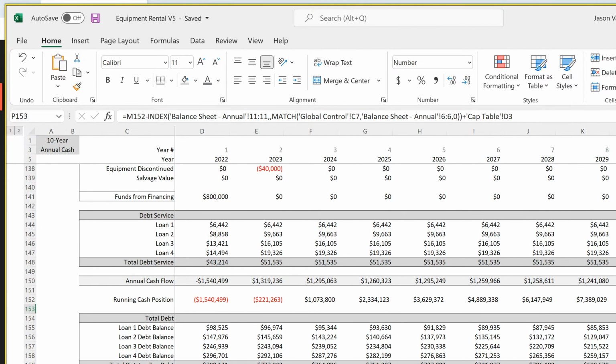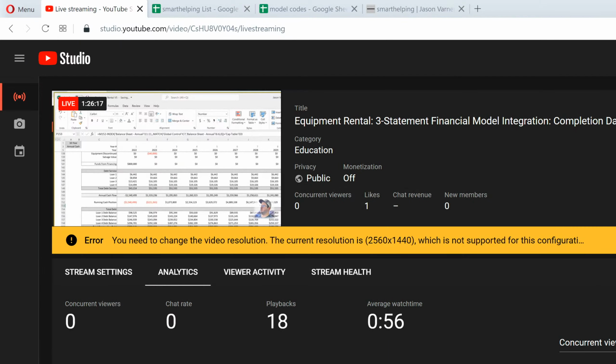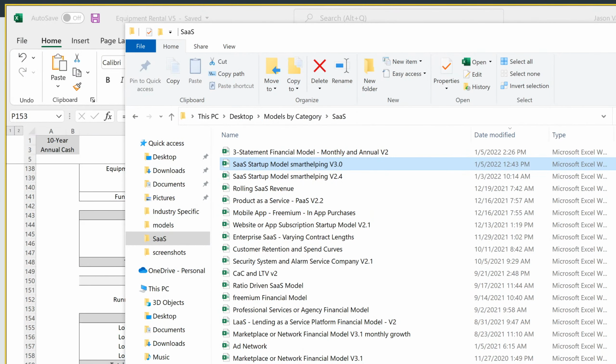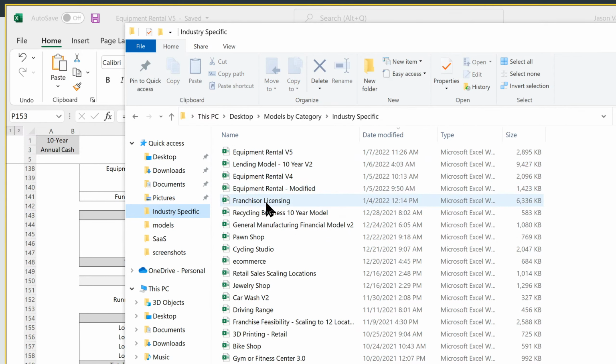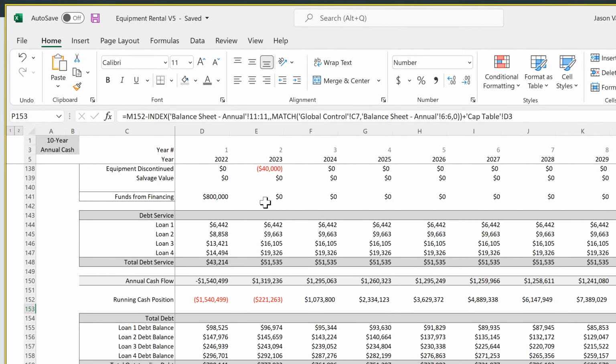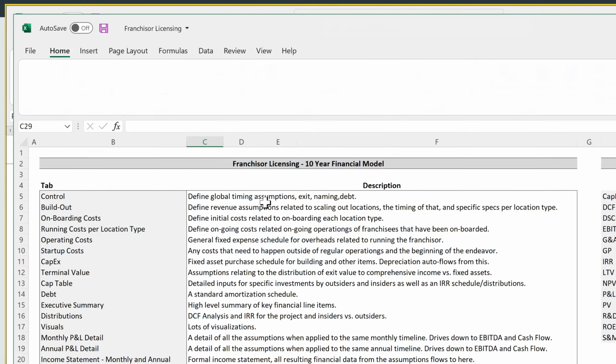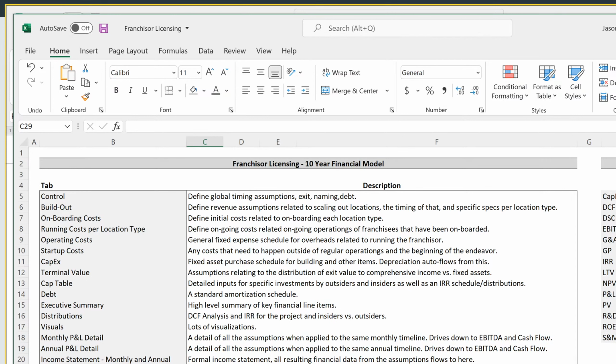I do want to check what is our first one? Franchisor licensing. So we've got a three-statement model for the franchisor licensing, the SaaS, now the equipment rental, and I also did one for the lending business last year when I built that one.